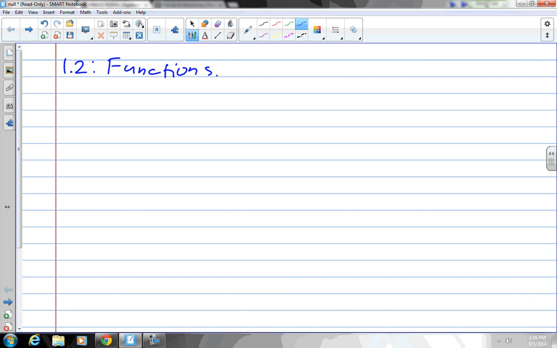So, functions. First, we will define an idea that's called a relation. Basically, a relation is a set of ordered pairs. So if you see something that can be described as a set of ordered pairs, then you've got yourself a relation. No restrictions.